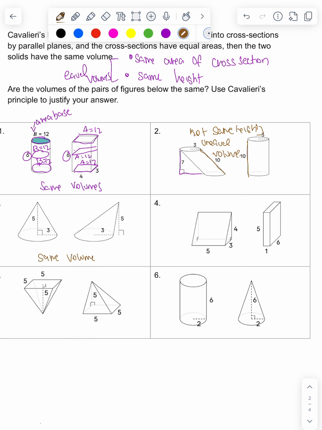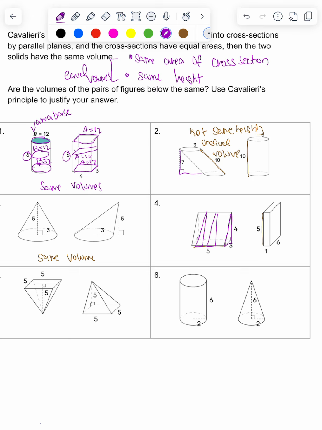Okay, number 4. For number 4, let's check out the heights. So the height of this prism is 5, and the height of this prism is 5. So far, so good. And then we need to check out the area of the cross section. So cross section here parallel to the base is going to be a triangle.